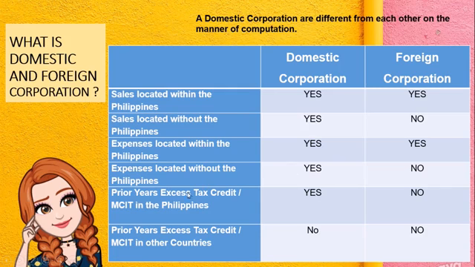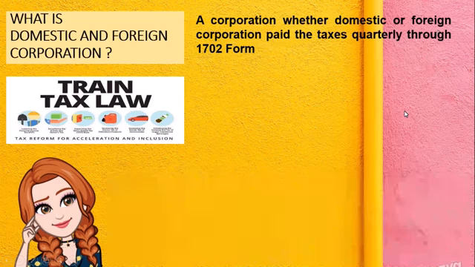The prior year's excess tax credit in the Philippines is included, but not the prior year's excess tax credit or MCIT in other countries. While for a foreign corporation, you only need to take a look at what is within the Philippines. So, sales minus all the expenses only in the Philippines for the foreign corporation.